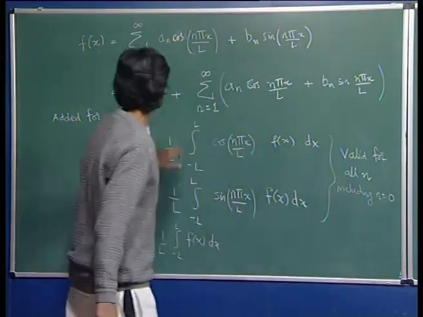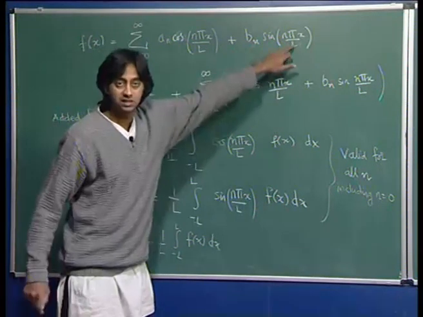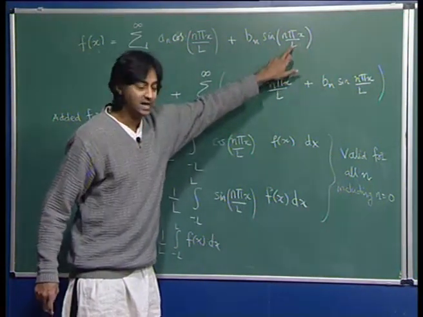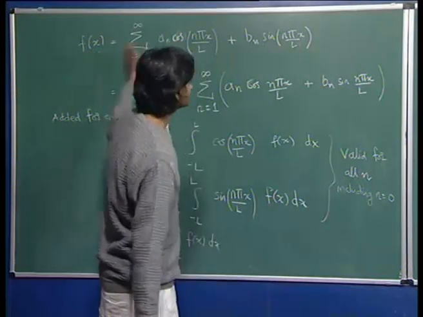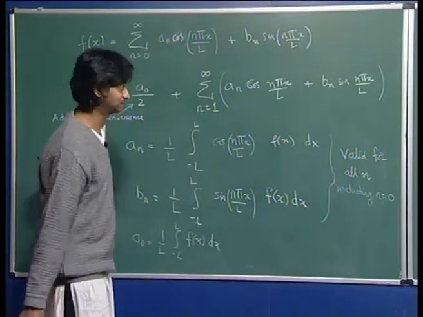That means each of these terms is periodic with period 2L, and therefore, this function that you are expanding will automatically be periodic with period 2L.